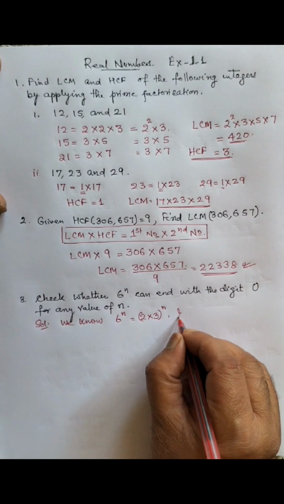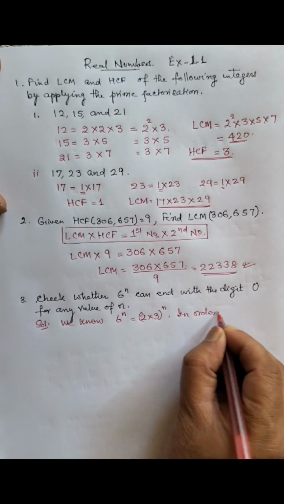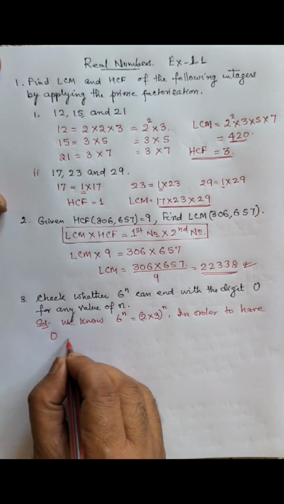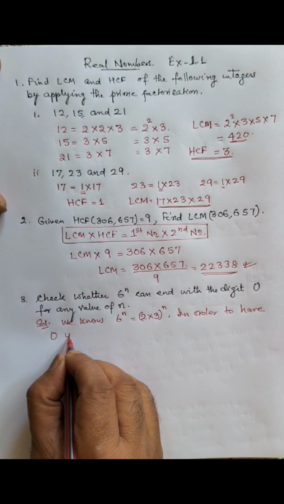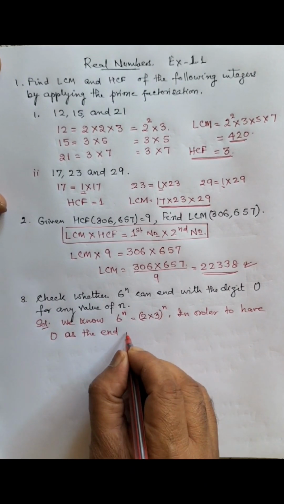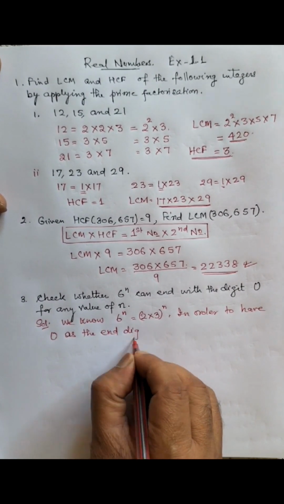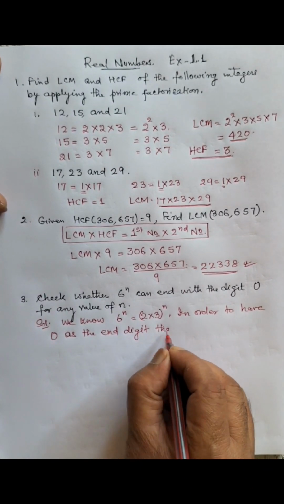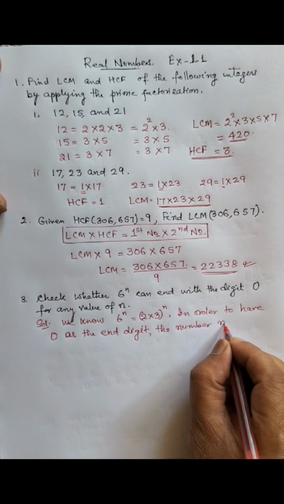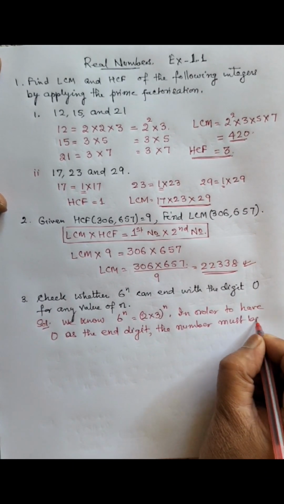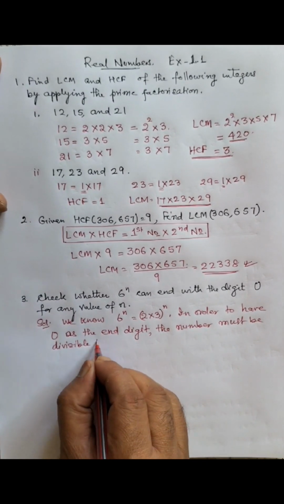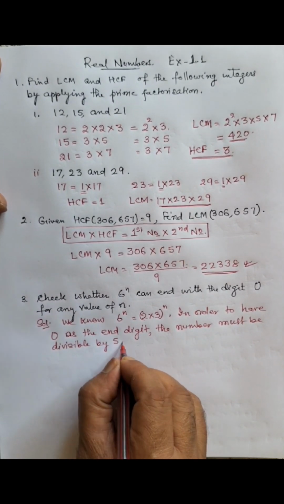Now, in order to have 0 as the end digit, the number must be divisible by 5.